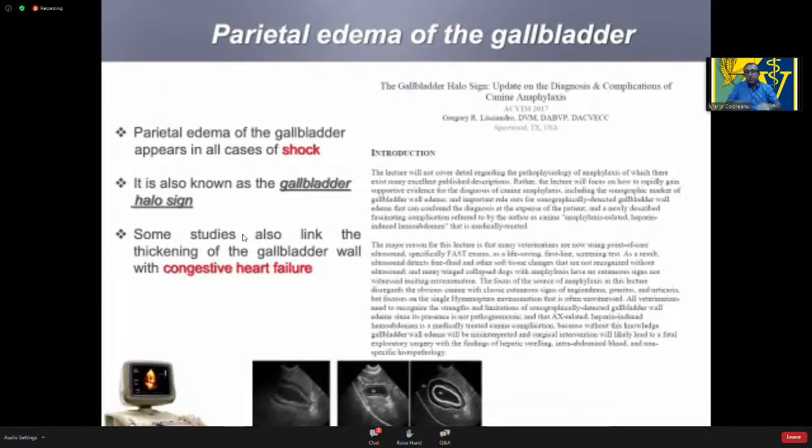In order to sustain my presentation, you can see some articles, some papers.